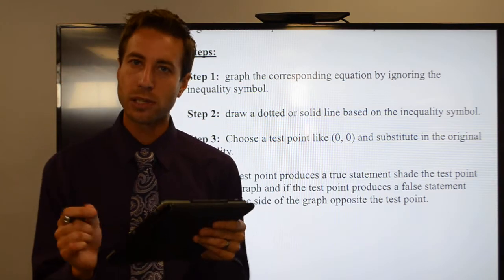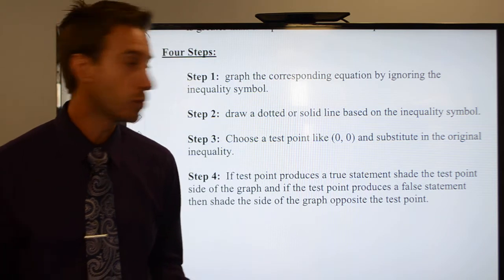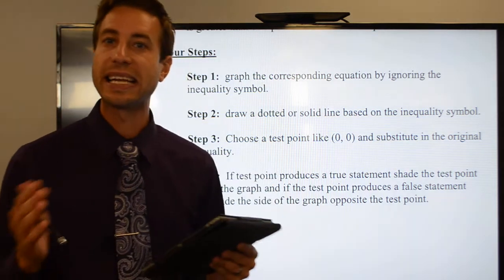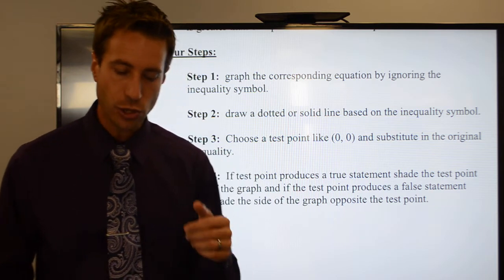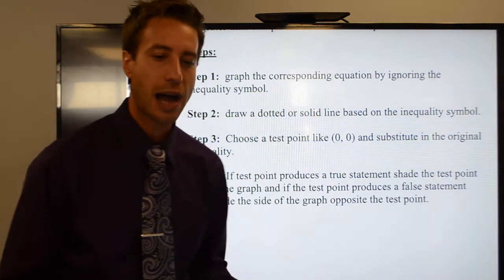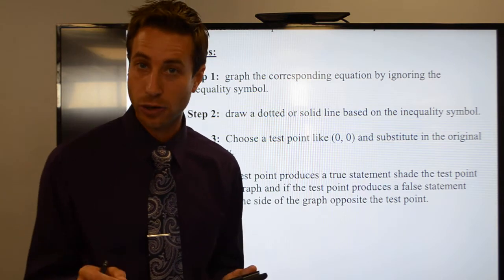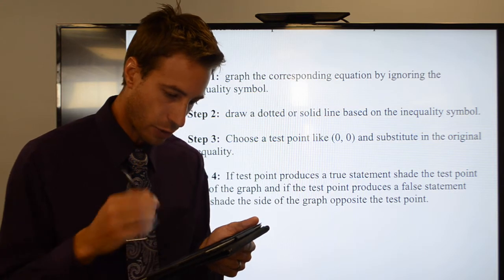Once I've graphed the equation by ignoring the inequality symbol, we go to step 2, and now is where I have to account for the fact that it's an inequality. The first thing I'm going to do here in step 2: do I need a solid or dashed line? You will use a solid line if the inequality is less than or equal to or greater than or equal to. Let me make a quick note for you about that.